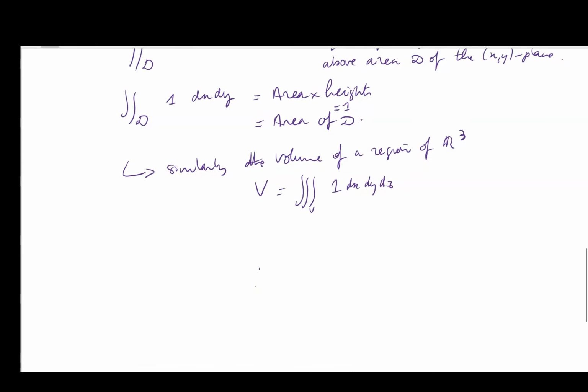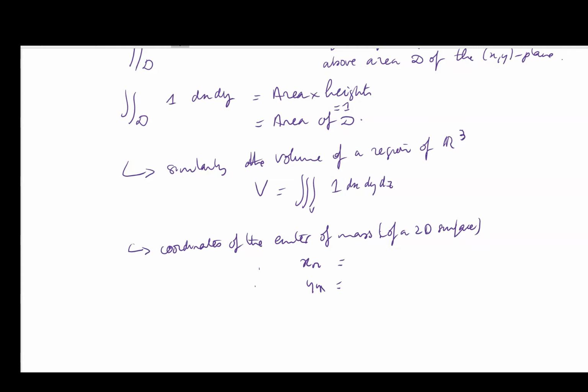Oh yeah, just one more simple definition. The coordinates of the center of mass of a 2D surface are going to be given by xm and ym: you can use 1 over the area of D times the integral of x dx dy on D, and 1 over the area of D times, sorry, that should be here, the integral of y dx dy.